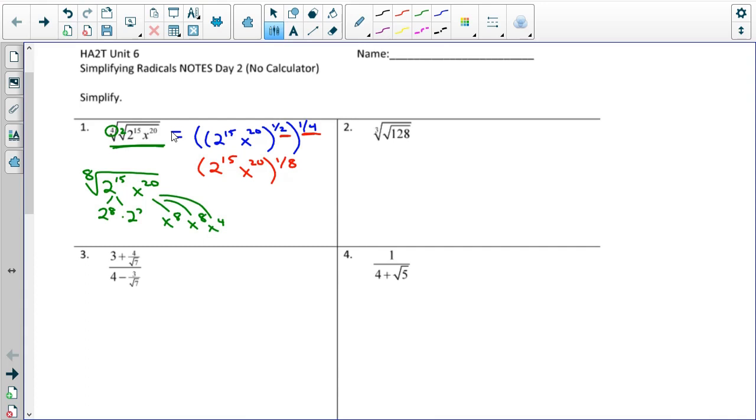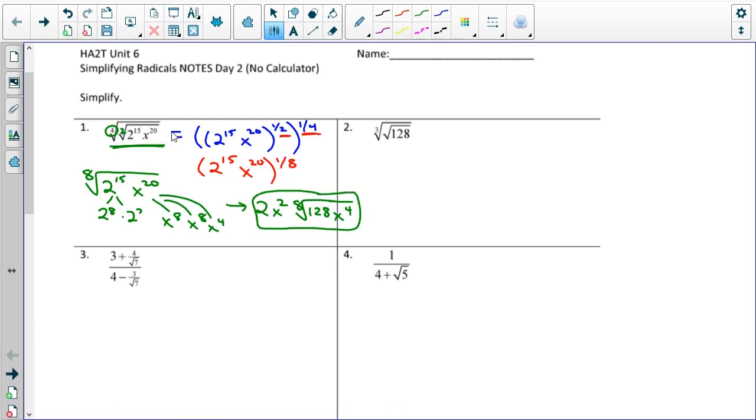So what I have is 2 on the outside, and I can have an x squared on the outside. Then I have an 8th root of 2 to the 7th, which is 2, 4, 8, 16, 32, 64, 128. And then x to the 4th. So that would be my final answer there.